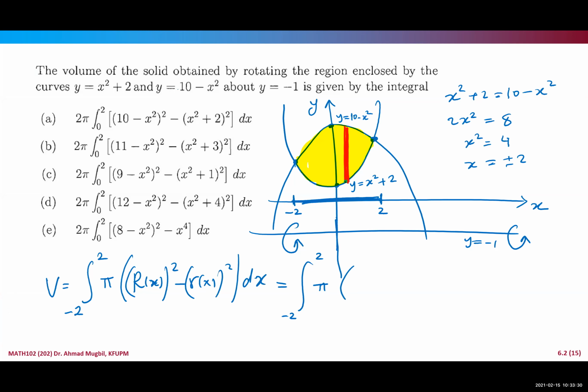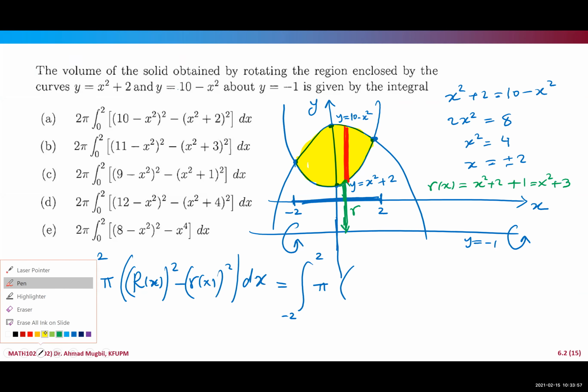The distance from here to the axis of rotation, this will be r small. So what will be r of x? What is y here? It is x squared plus 2 minus 1, so it will be plus 1. So it will be x squared plus 3. Is that right?